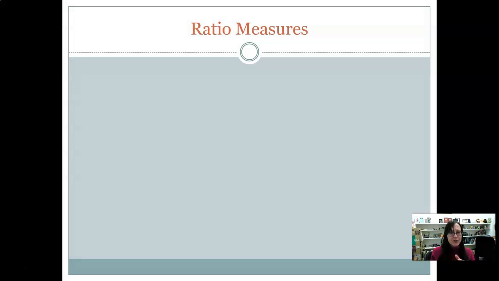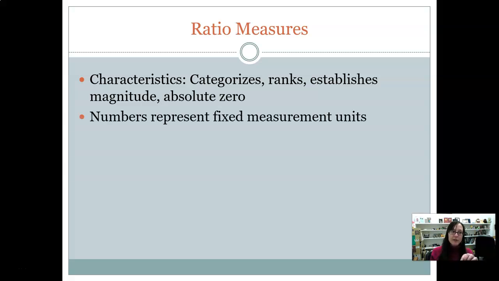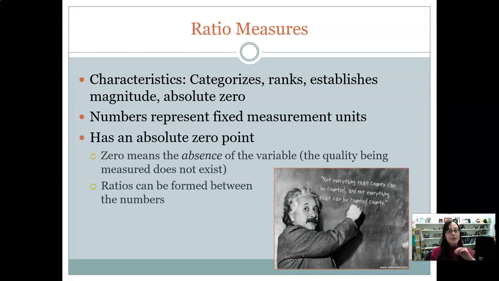So ratio measures have everything from all the ones before: they categorize, they rank, they establish magnitude, but now there is the absolute 0. That's the difference. Numbers represent fixed measurement units, same as with interval level measures, but now there is an absolute 0 point. So 0 means the absence of that thing you're measuring.